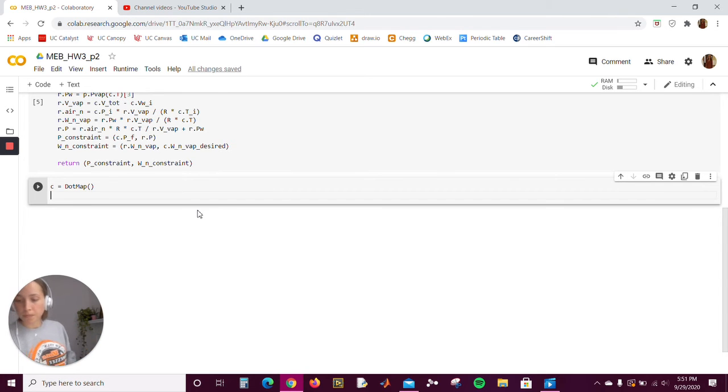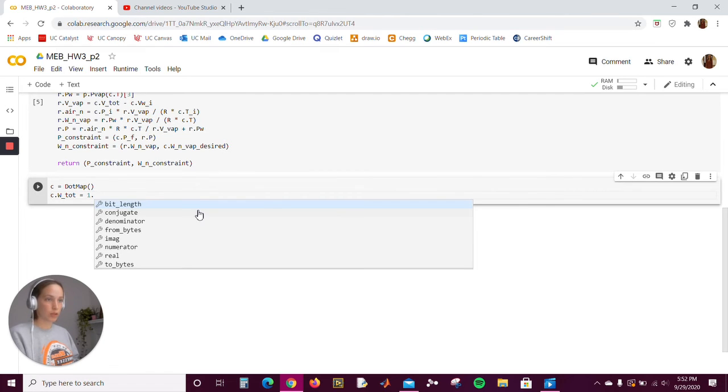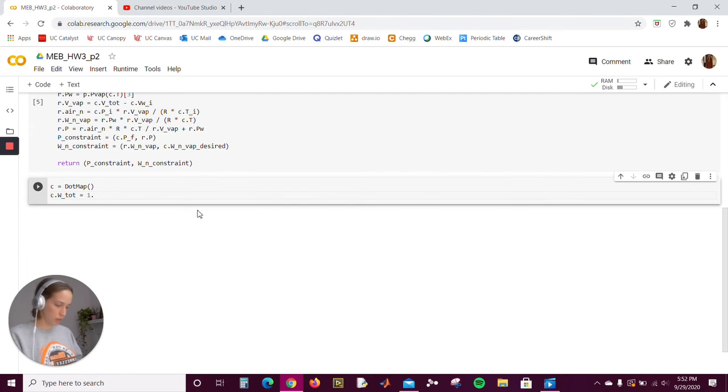And then I'm going to do C dot, so this is the mass of the water, which is equal to 1 kilogram. So we'll put in the units, why not?